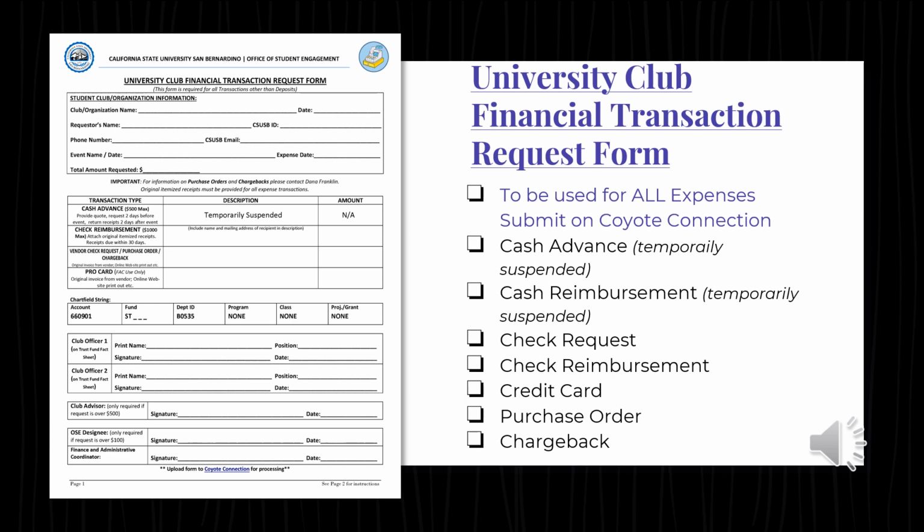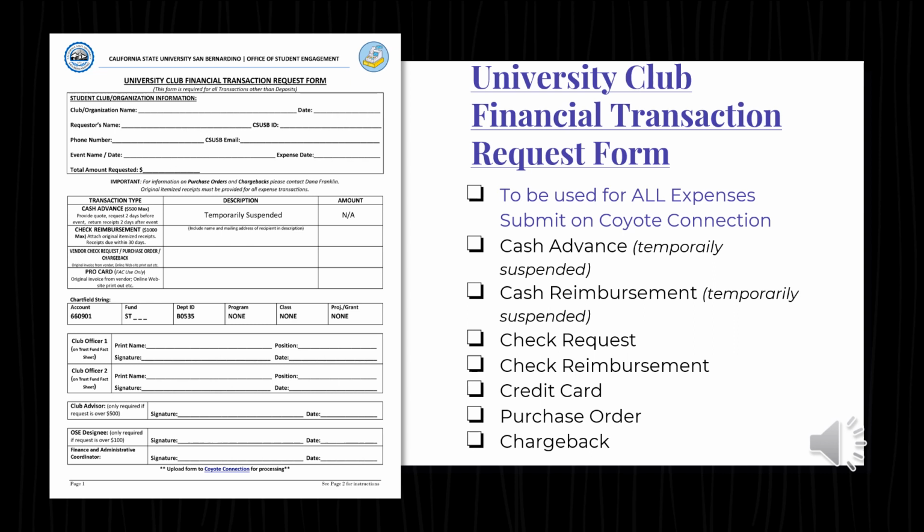The form is required whenever reimbursing officers, members, or your advisor for out-of-pocket supply expenses, to pay for vendors for services or supplies, to process online orders, and for all contracts. It is very important to remember to never pay for any vendor services out of pocket, or we will be unable to reimburse you. Page 2 of the University Club Financial Transaction Request Form provides you with the detailed instructions of the form.